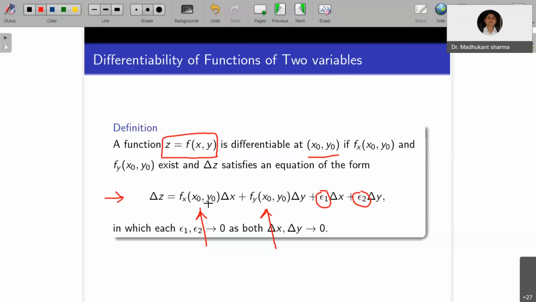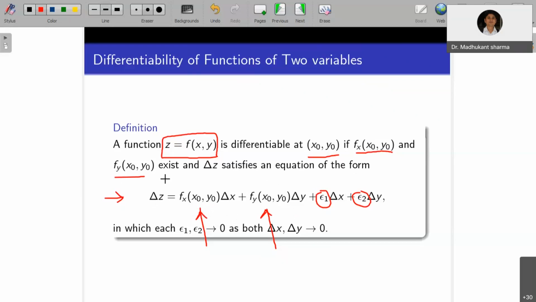Otherwise, if they do not exist, the right side expression is not valid anymore. This is why the condition clearly says that fx and fy, the first order partial derivatives, exist.